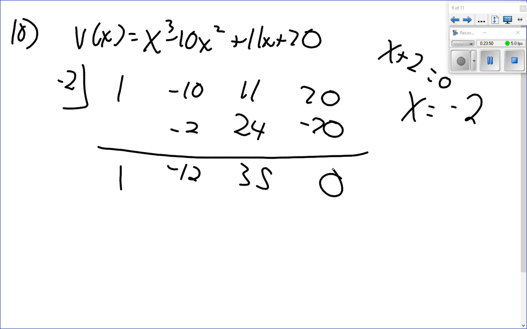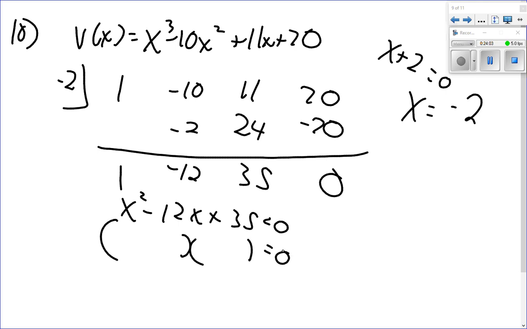The problem said it's a factor. It had to work. But I sub that in, which leaves me with a quadratic, which I can solve by factoring. And if my question was, what are the solutions?